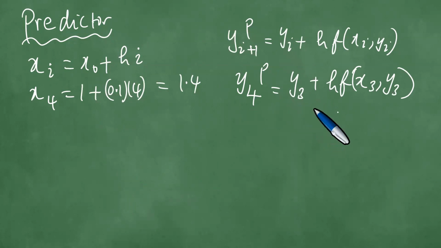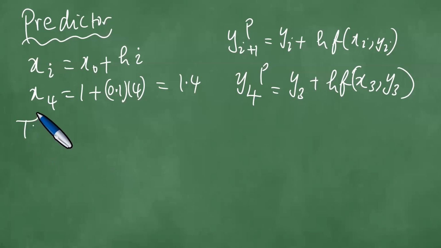The question becomes, where do we get the rest of the things that we need? We've seen we got the y3 and we got the x3, so we can compute.